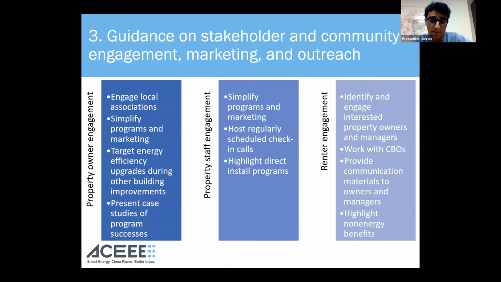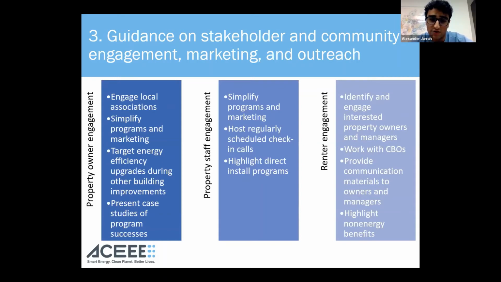This is a strategy taken from strategic energy management, but essentially a program administrator can check in with staff to see how progress is going if the building is participating in a program. And highlight direct install programs. These are important because they don't need property owner approval. So staff can take charge in these instances.